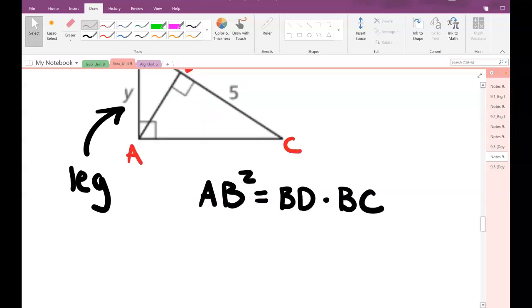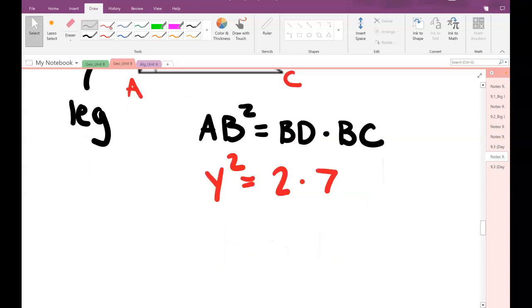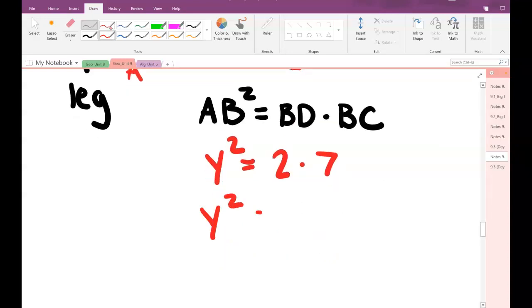All right, now we can go back and plug in. Like I said, AB was y, so we have y squared is equal to BD is 2, and the length of BC is 5 plus 2, so you get 7. So y squared is equal to 14.